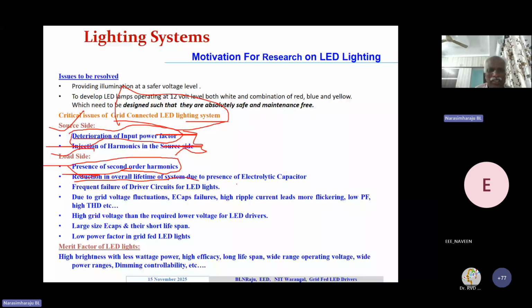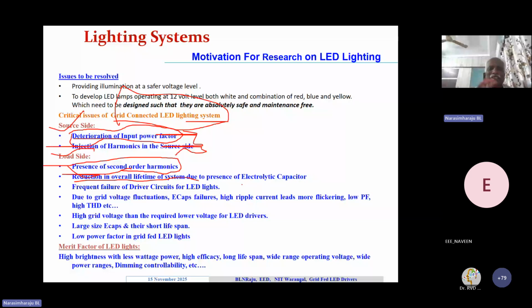Most generally what they use is a simple step down transformer followed by a rectifier, a large size electrolytic filter capacitor, and a large limiting resistor, all these things.